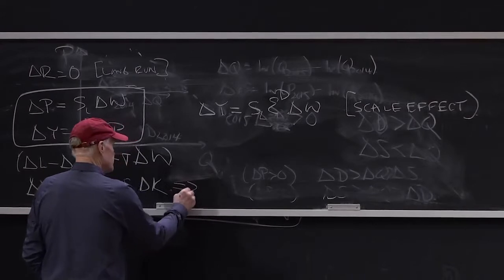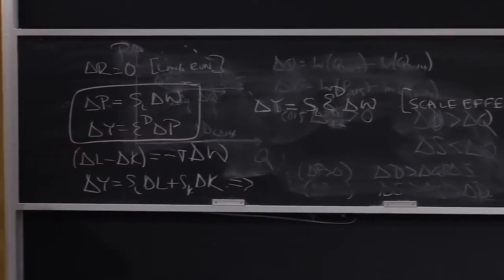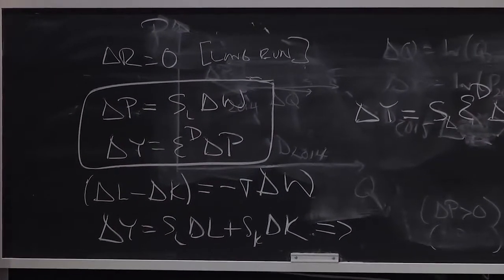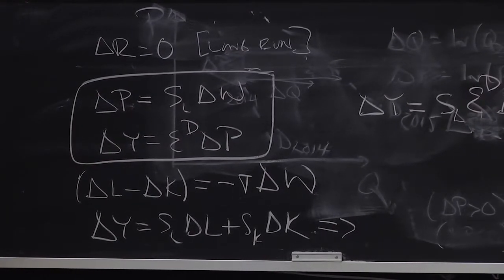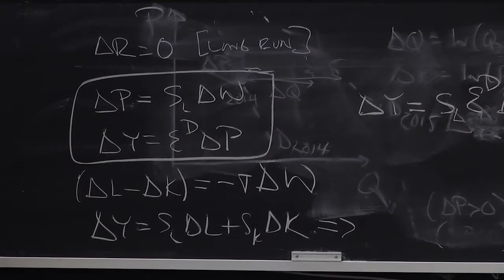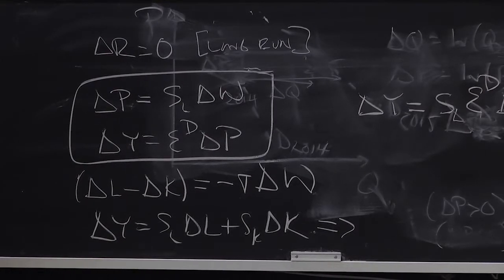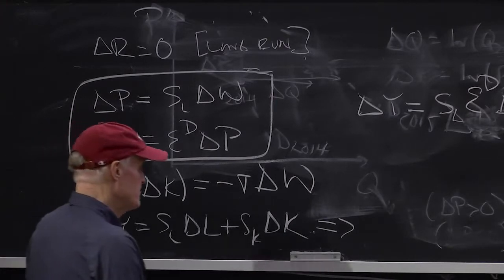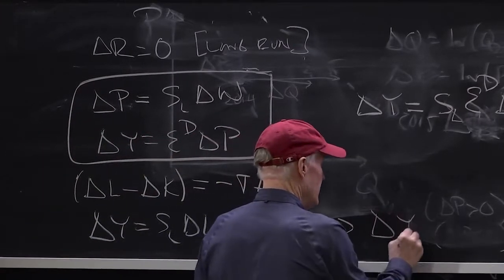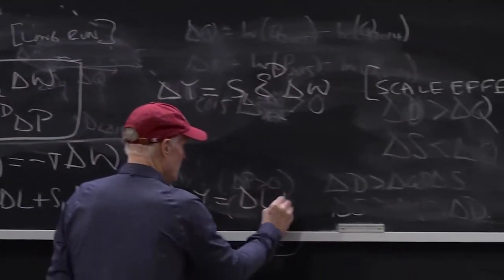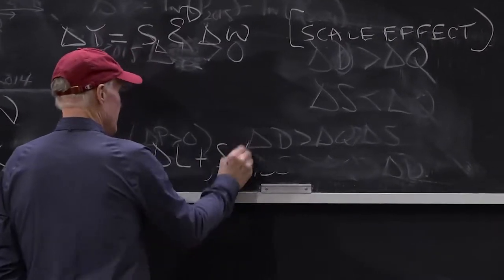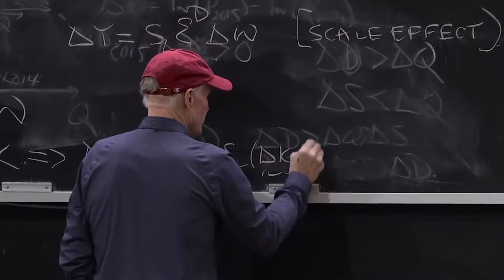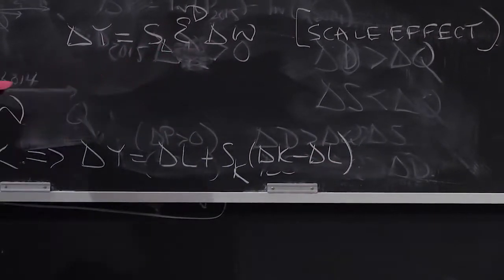How about this equation? Anybody think of a useful way to rewrite that equation? Anybody got an idea how you can rewrite that equation? I've never taught it this way, but I think I see how to do it. What if I were to say, rewrite this equation as delta Y equals delta L plus SK times delta K minus delta L. Does that look right?